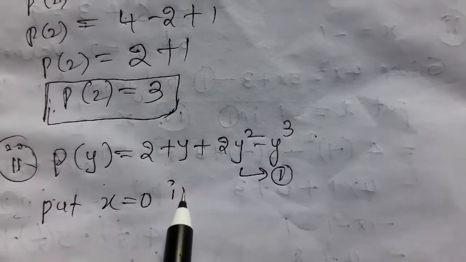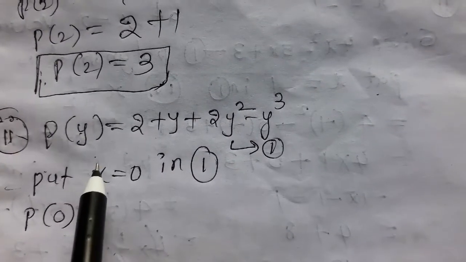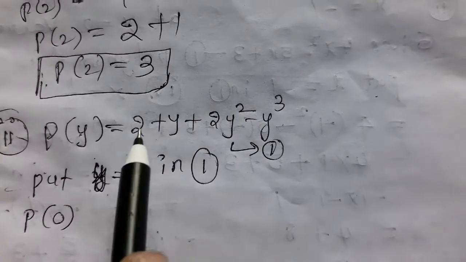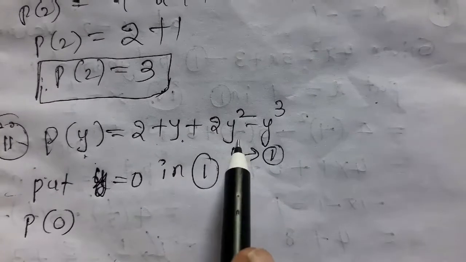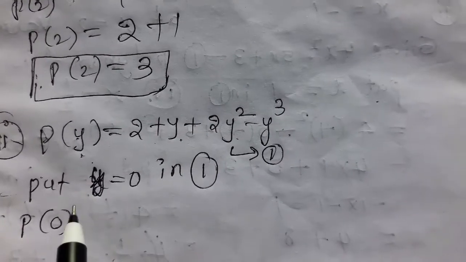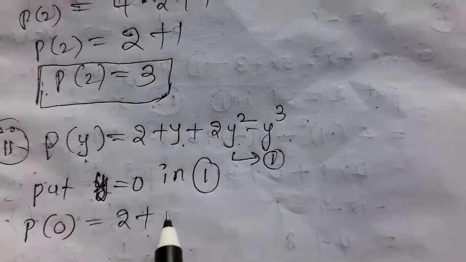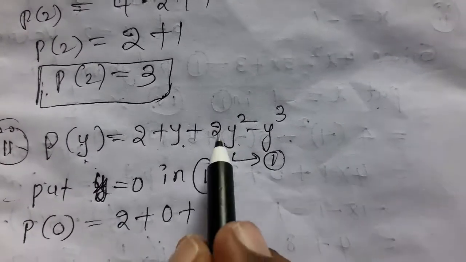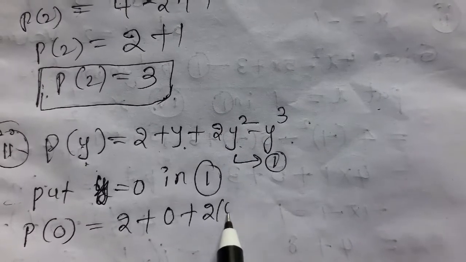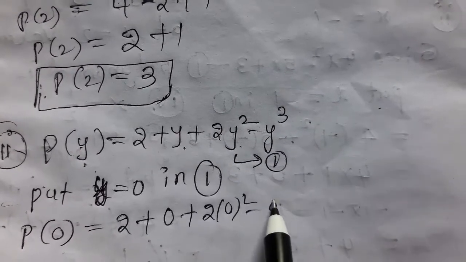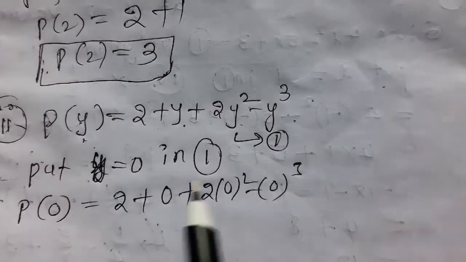Now put y equals to 0 in equation 1. We get P of 0. Sorry, here is y. Variable is y. There is no x. Every time variable is y. So y equals to 0. In the place of y, put 0. Here 2, 0 whole square minus 0 whole cube.